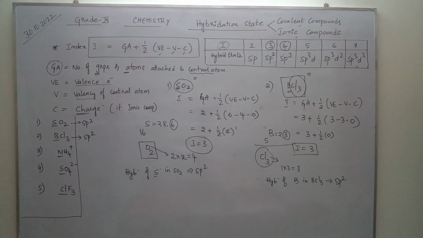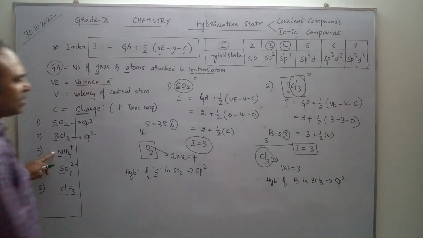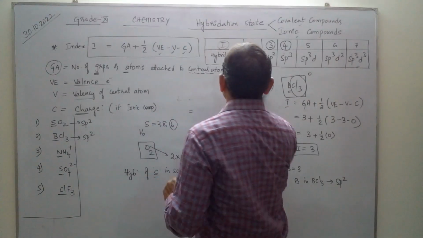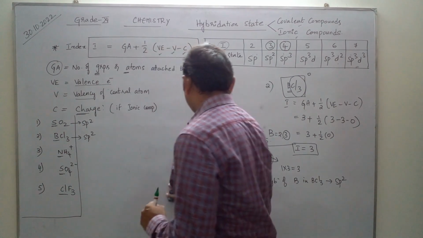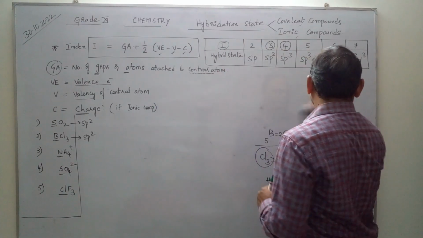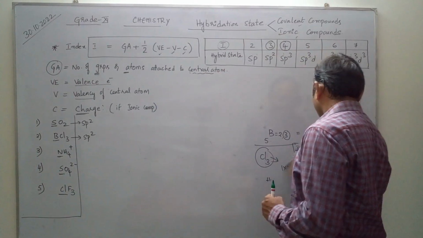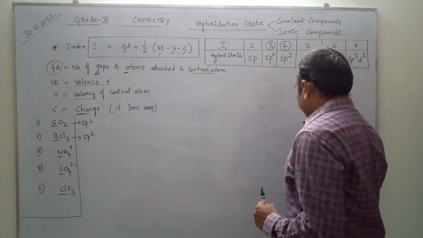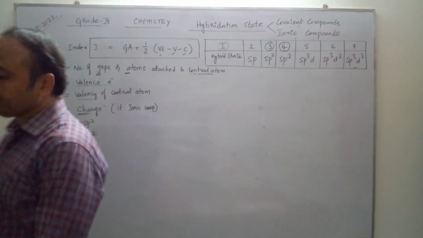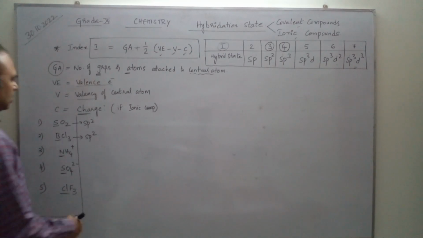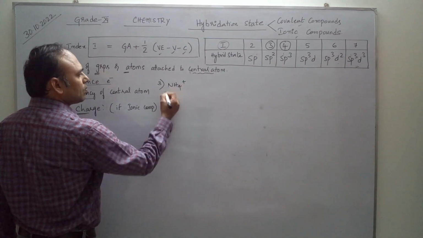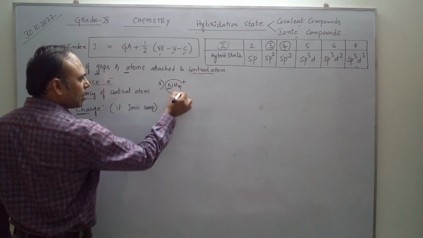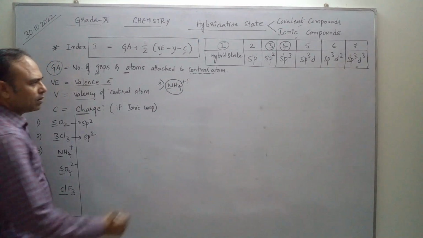Next, we are having NH4 plus. In the case of ammonium ion, again apply the formula. Nitrogen we have to calculate. The charge is plus 1.